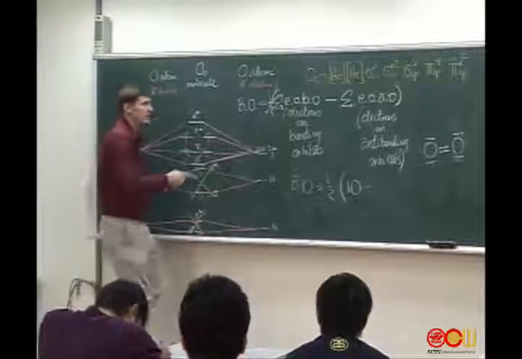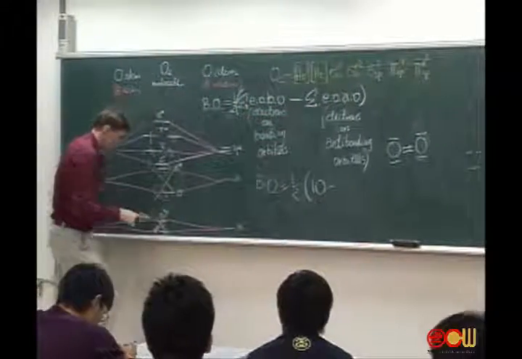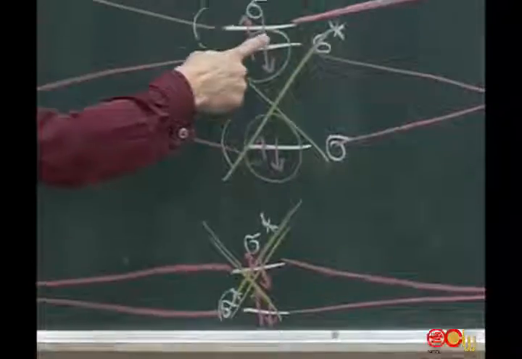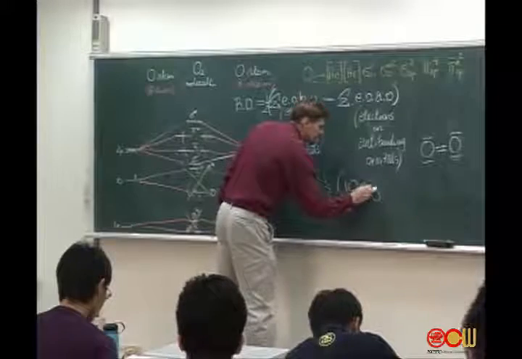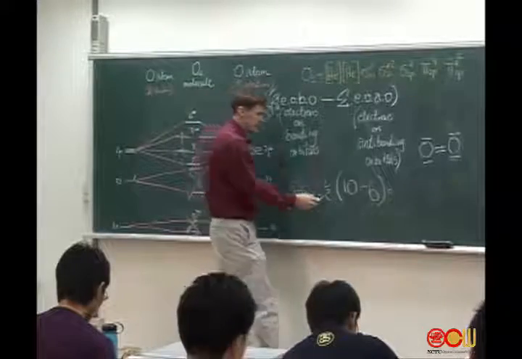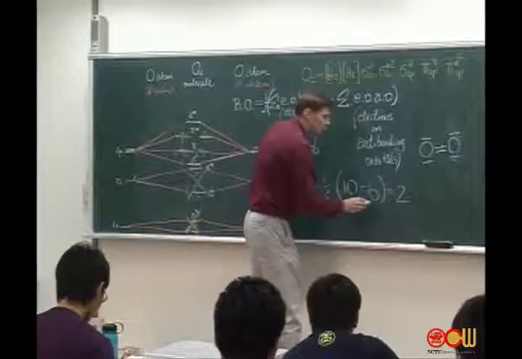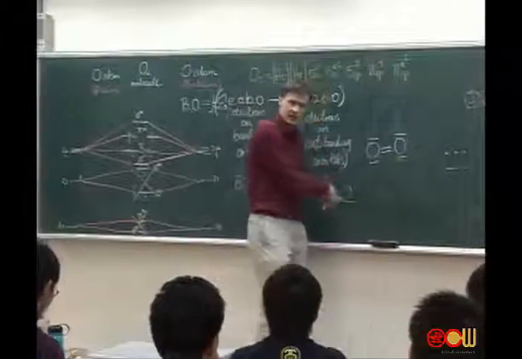Now I'm calculating the electrons on antibonding orbitals: 2, 4, 5, 6. The difference is 4 divided by 2 is 2. You may tell me, no, we got the same results. Here there are 2 bonds. Here there are 2 bonds.